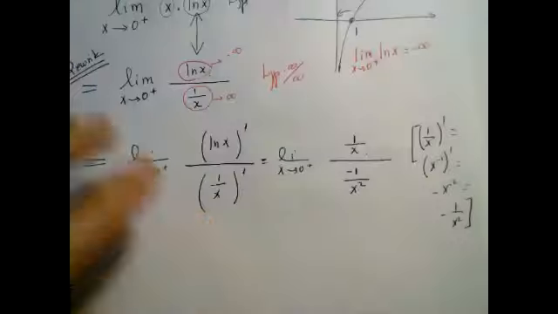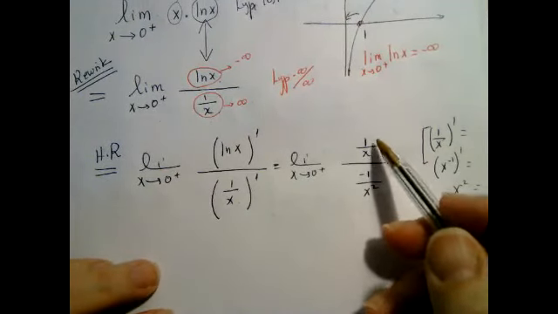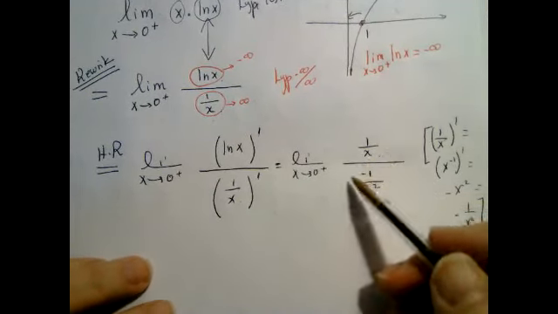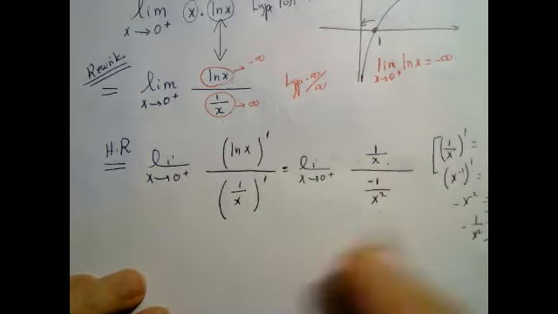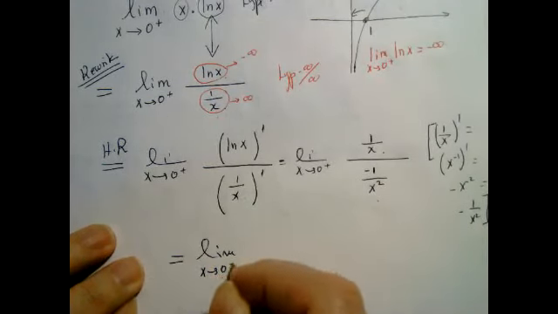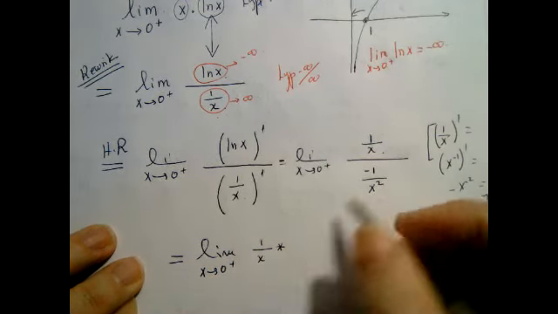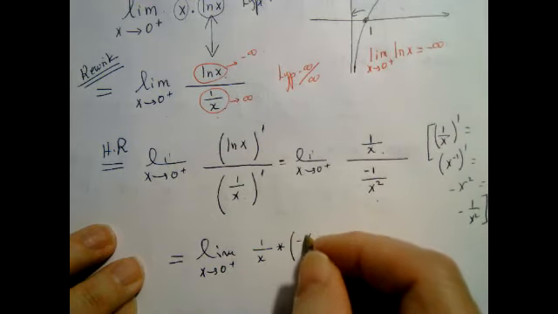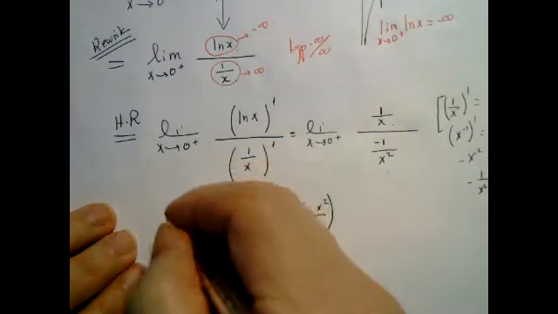All right, so now this limit. It will be stupid from our part to not simplify this limit. I mean, I have 1 over x, I have minus 1 over x squared. We are going a little bit to simplify. Otherwise, it will not be smart to just apply rules. So I'm going to simplify this by using the property of fractions. So that's 1 over x times minus x squared over 1. Now this is algebra.